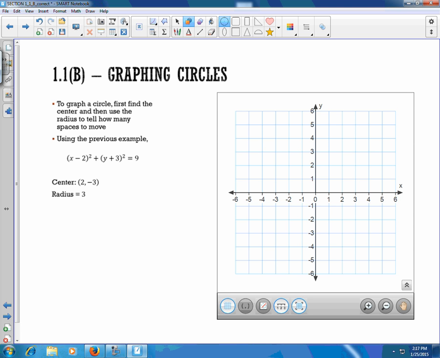So here's the center of our circle. And then we're going to move in any direction, either up, down, left, or right, 3 places for the radius. So if we go left 3 places, there's the circle.